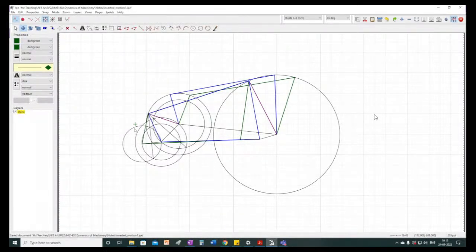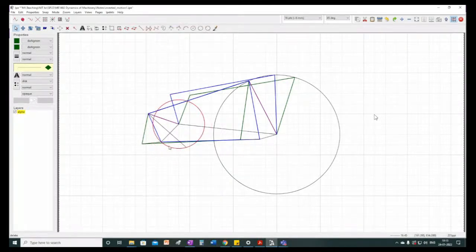So let me remove all those lines, and we will draw them again. This line we should not remove.